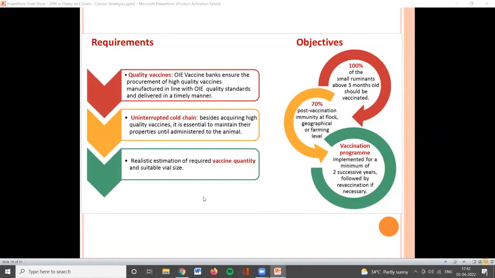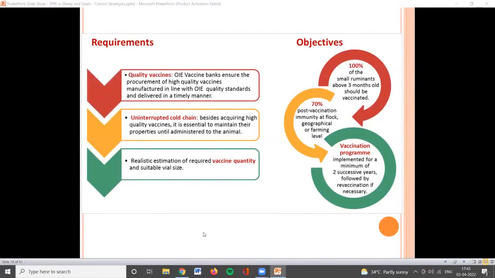The objective is that there should be 100% vaccination in the small ruminants which are 3 months old. Practically, it is not possible in field conditions because some animals may be diseased.